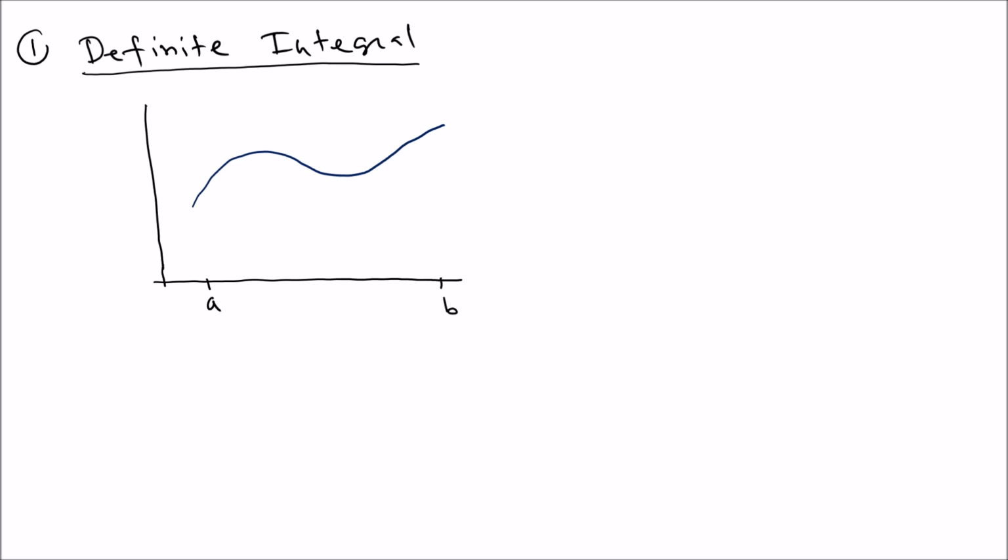What we normally do is divide the domain into equal parts. Why do we divide into equal parts? To make the calculation easier. But in theory, you don't need to do that.